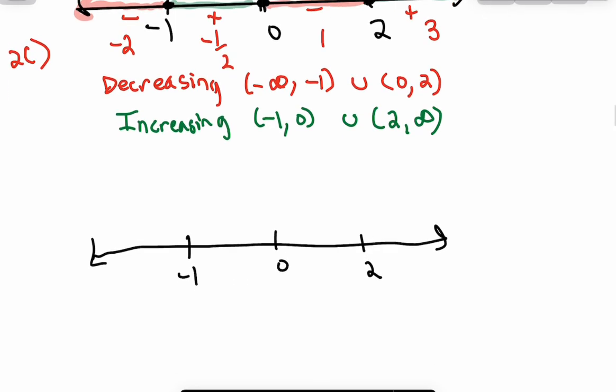I have no height. The heights are arbitrary. Our function is going downhill until it hits a height of -1. And then it's going uphill again until it hits a height of 0. And then it's going downhill again until it hits a height of 2. And then it's going uphill again.